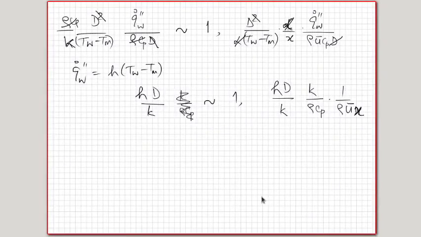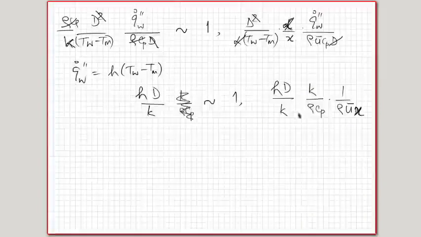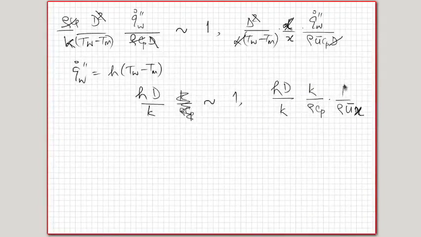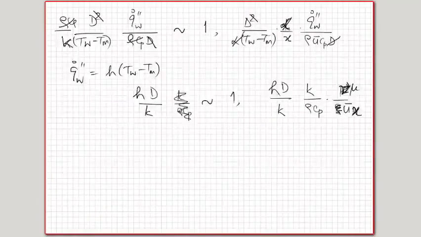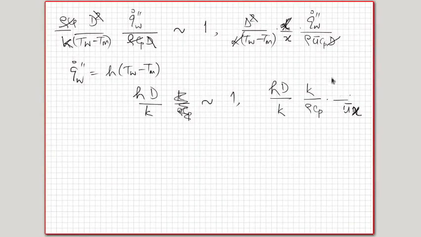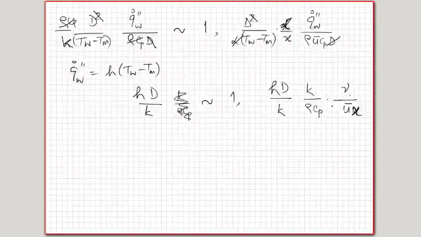Okay, now let me try to multiply and divide this by a mu rather. So that's the extra row that I have written here. Okay, so this rho Cp is only this, so it's only a u bar x, and I multiply it and divide by a nu.